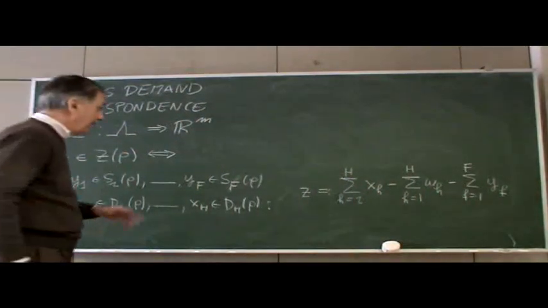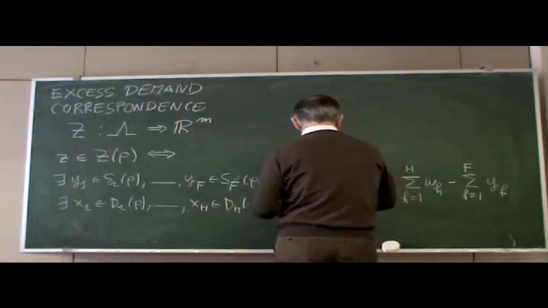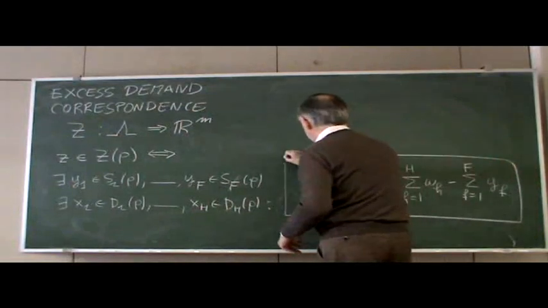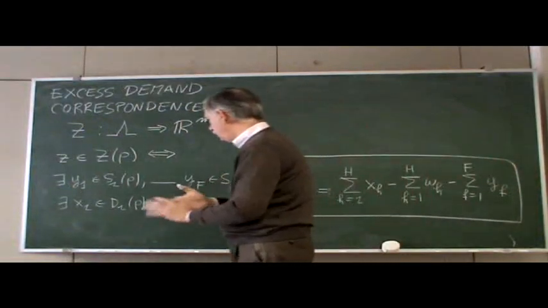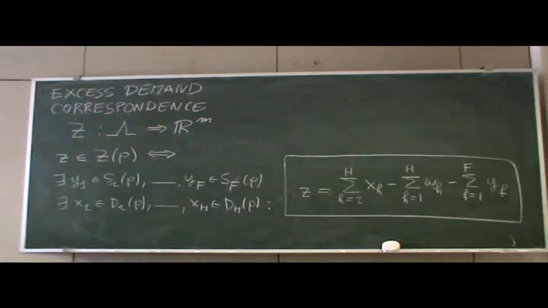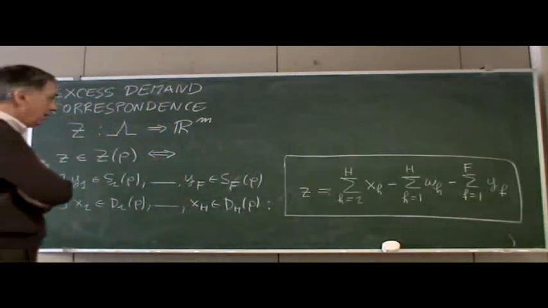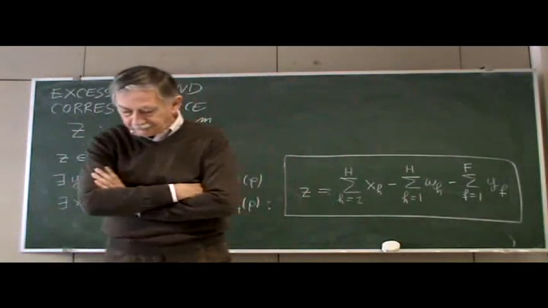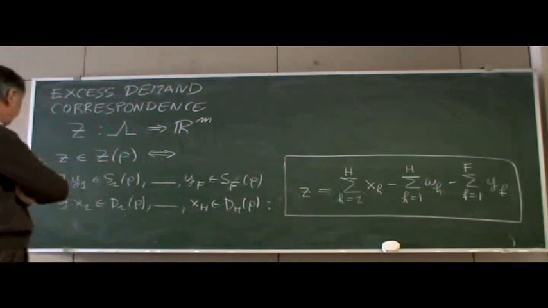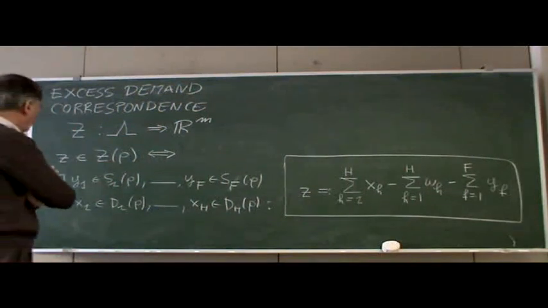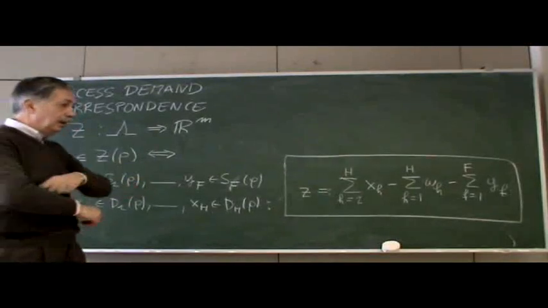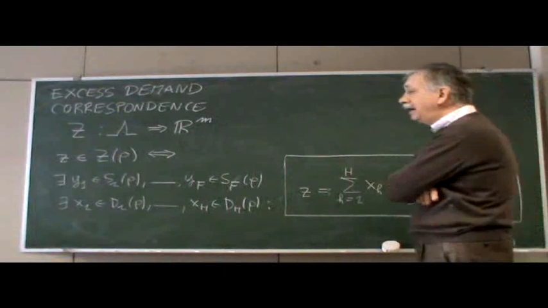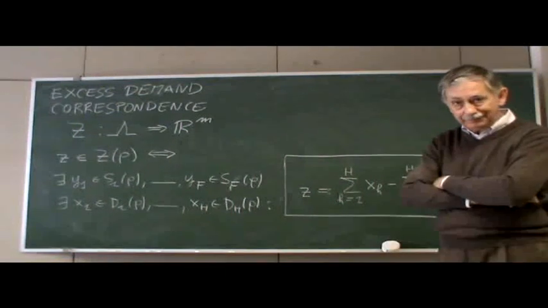Well, right, and then I shall explain. What is the meaning of this definition? It's simple. Take any price system P, according to which every firm is able to maximize its profit.